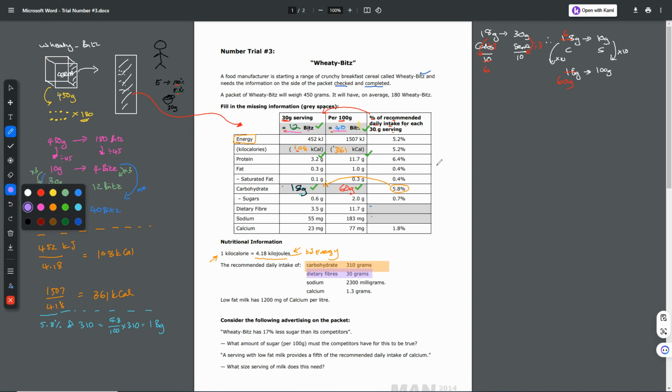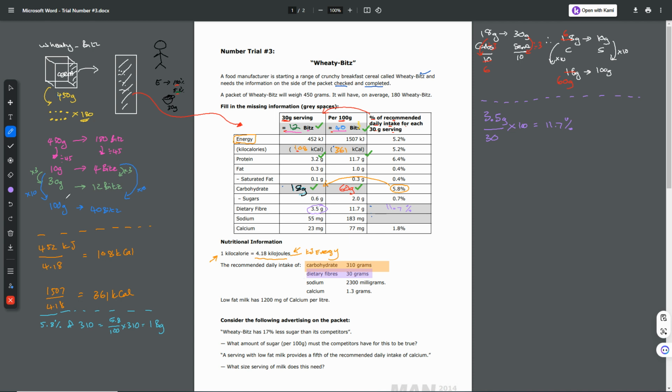So that means 3.5 grams when it comes to dietary fiber. 3.5 grams divided by 30 multiplied by 100 comes to 11.7%. So this number here should be 11.7%. And that's how much fiber we're looking at there.